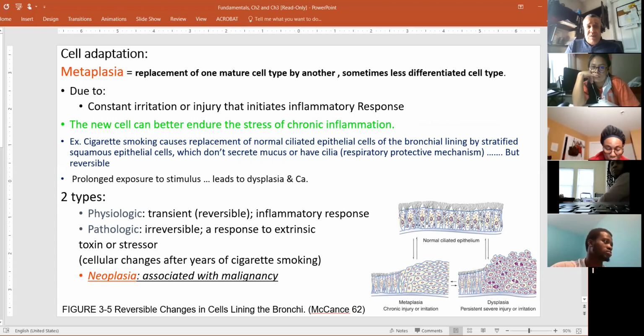Now, the last one is called metaplasia. This one is an immature cell. The difference between dysplasia and metaplasia: in dysplasia the cell is mature, and in metaplasia the cell is immature. In other words, it's a less differentiated cell type. It will result in replacement of one mature cell type by another.